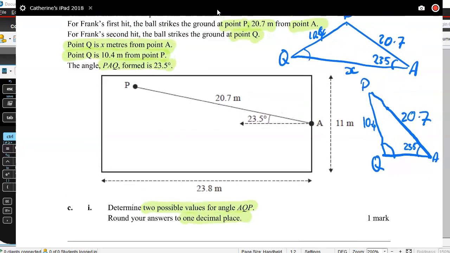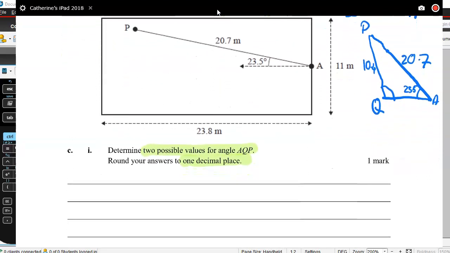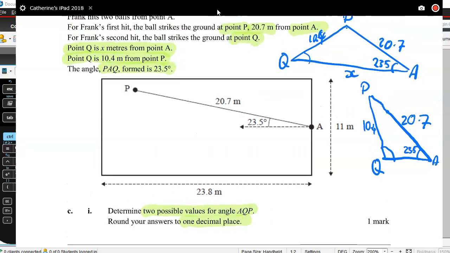All right. So, working out my knowns and unknowns.